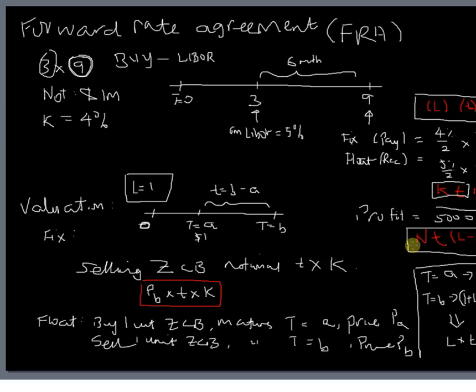So this is L times T, which is exactly what we are trying to get at for the floating leg of the FRA; we set N as 1. By doing this replication we can get the same payoff as the floating leg of the FRA.